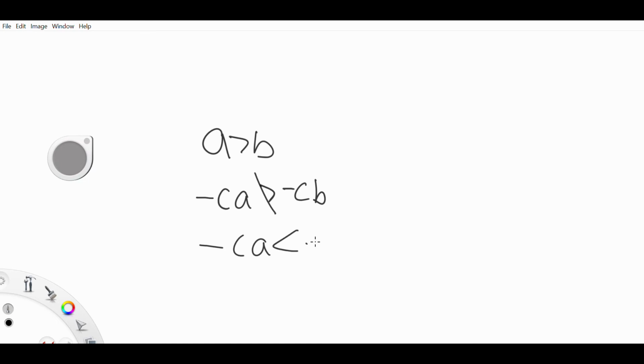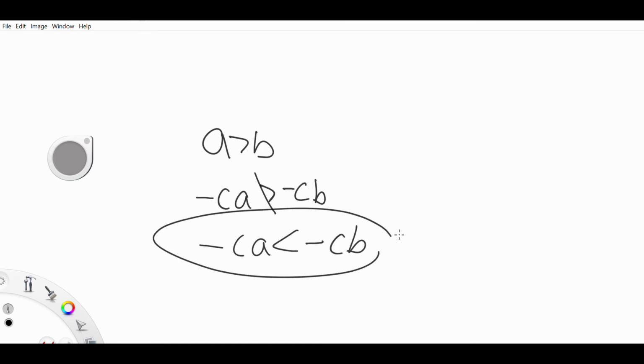However, when you multiply it with a negative number, so for example we have A is greater than B, but then you multiply negative C on both sides. This would not be right because you're multiplying by a negative number. Instead, you would get negative CA is less than negative CB. So the inequality sign flips.